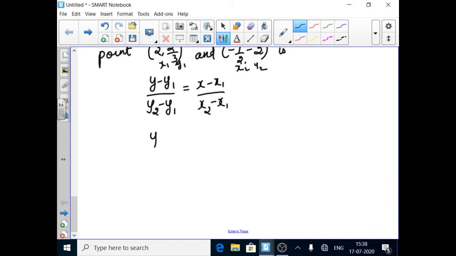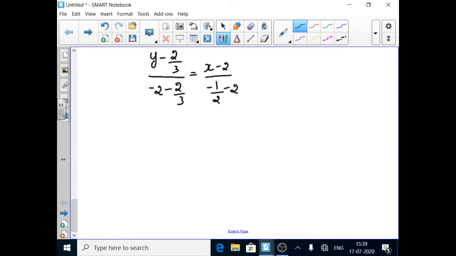So y minus y1 is 2 by 3, by y2 minus y1, that is minus 2 by 3, is equal to x minus 2 divided by minus 1 by 2 minus 2.